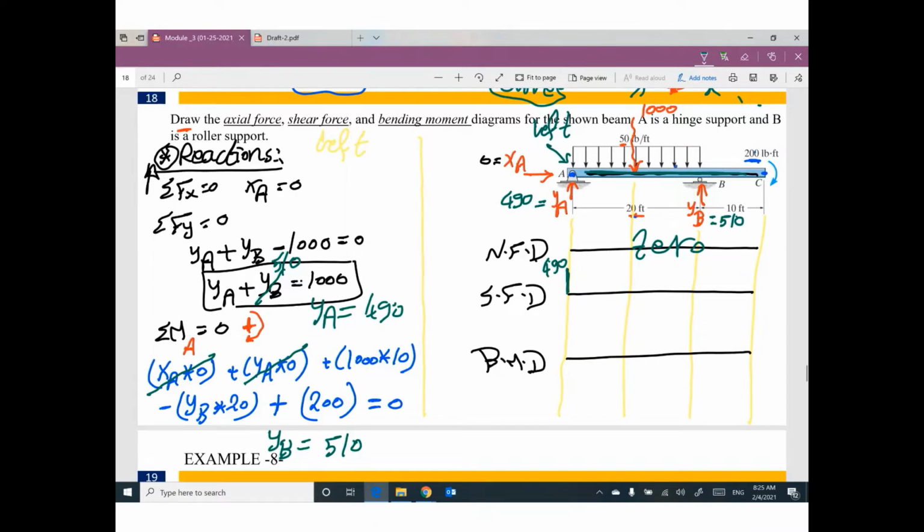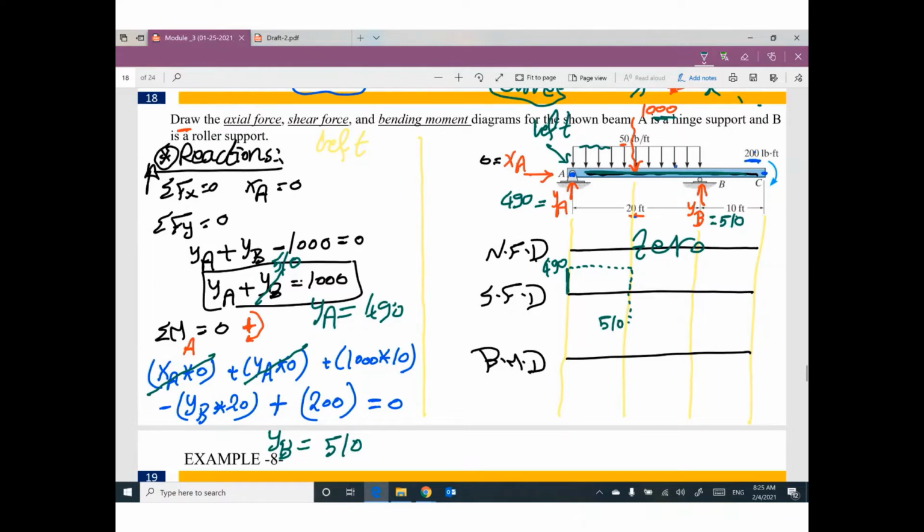Keep walking, but you are walking inside the distributed load, so I will walk normally, but dotted, until you hit the 1,000. I will go down 1,000 until negative 510.